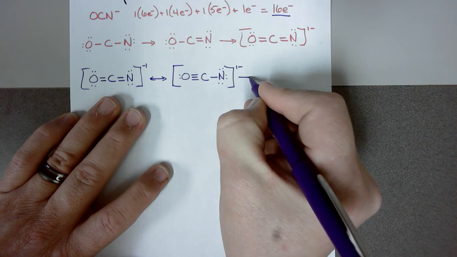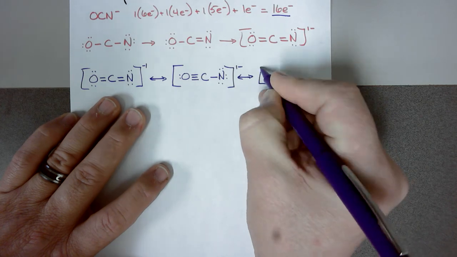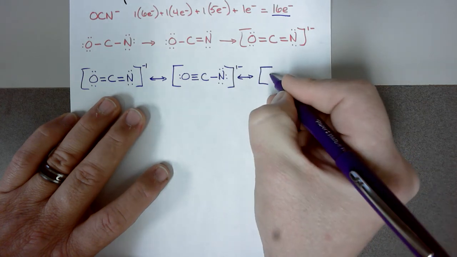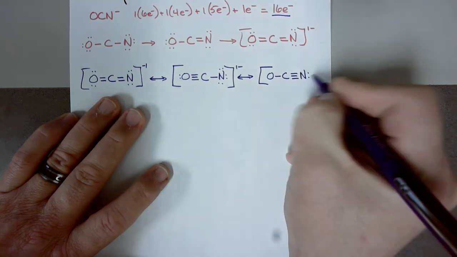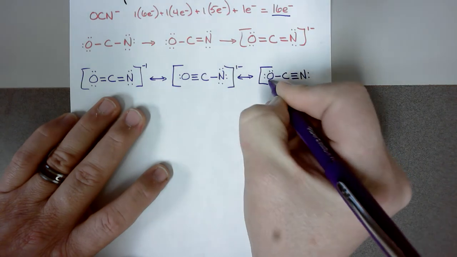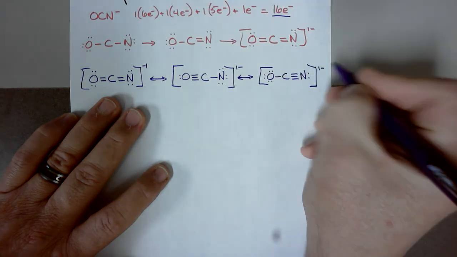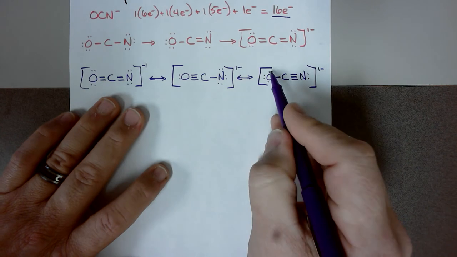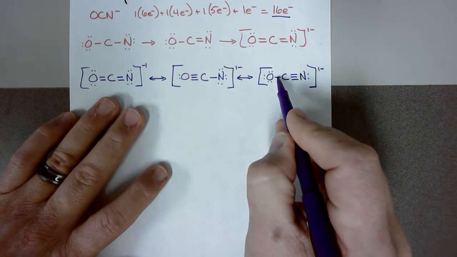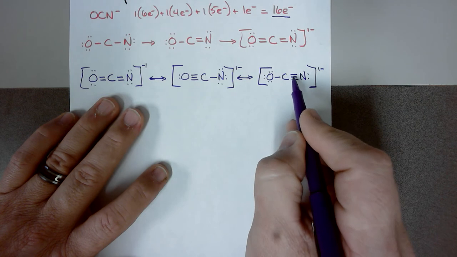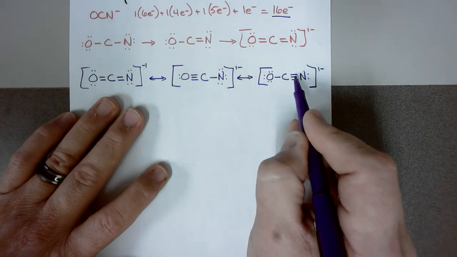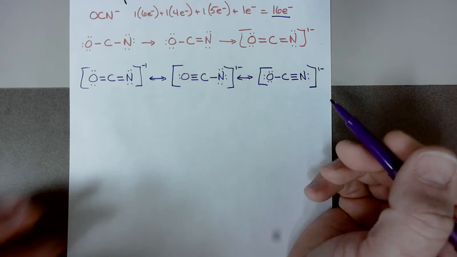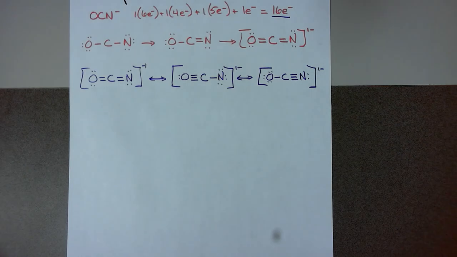We also have another valid structure, which would be oxygen, single bond carbon, triple bond nitrogen. And let's see if it's valid. 2, 4, 6, 8, 2, 4, 6, 8, 2, 4, 6, 8. So all the octets are filled. I got 2, 4, 6, 8, 10, 12, 14, 16 electrons. So it is valid. So how do we know which one is the most stable?